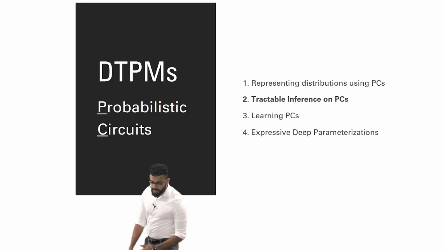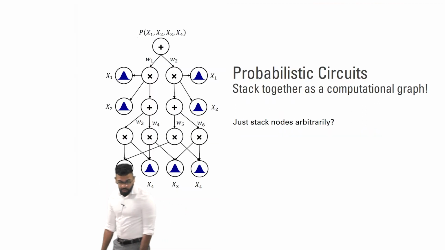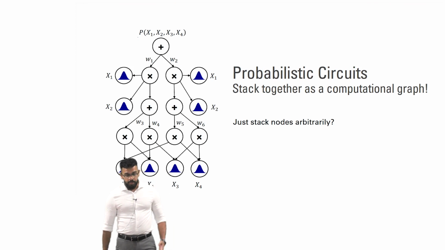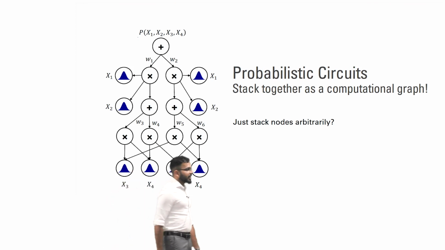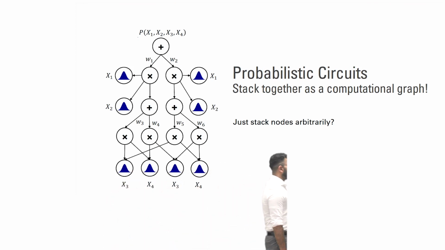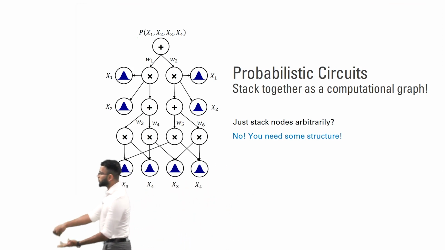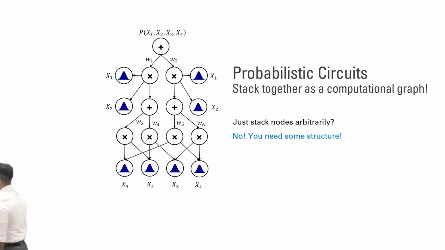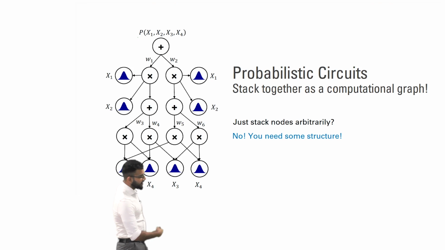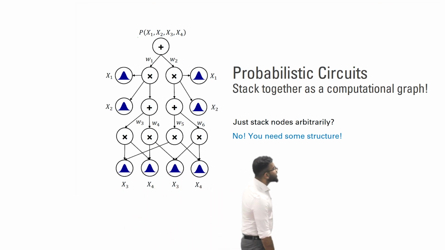Simply stacking these models is not sufficient. If you just stack them arbitrarily, you cannot ensure that you can perform inference tractably over these models. So you need some additional structure here as well. Just like how you had tree structure in Bayesian networks that enables tractability for marginal inference, we need to come up with some notion of structure in these models as well that makes the different probabilistic reasoning tasks tractable.